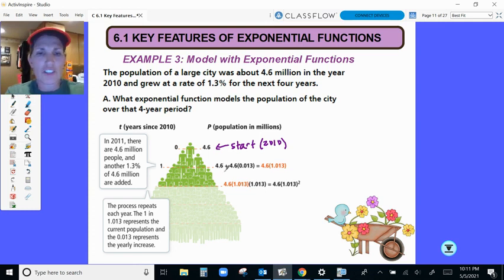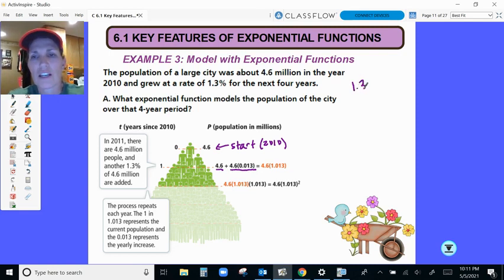Then in the next year, we take that initial value, 4.6, and we're going to add this factor right here. We're going to take 1.3% times 4.6. And remember, to get a decimal from 1.3%, we move it to the left twice, or you divide by 100.